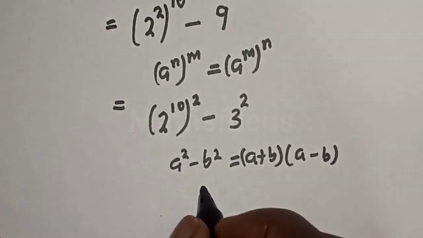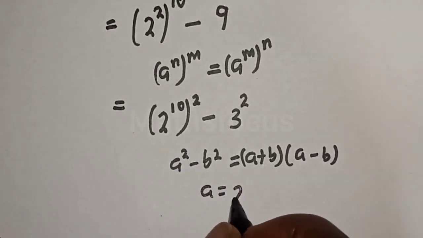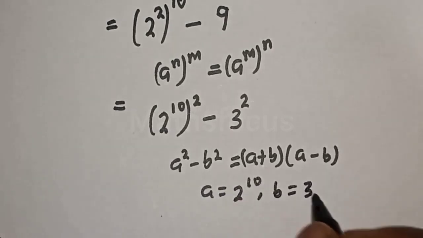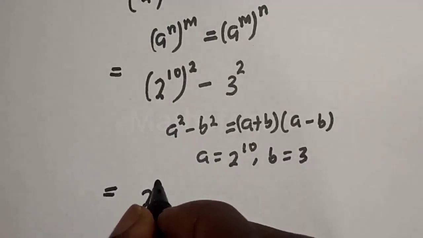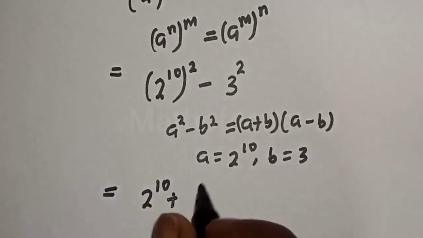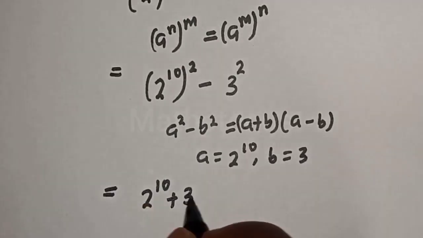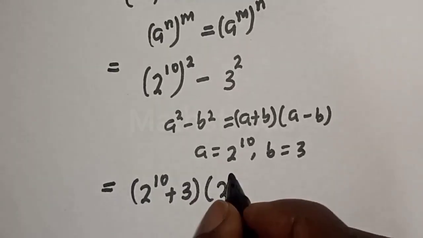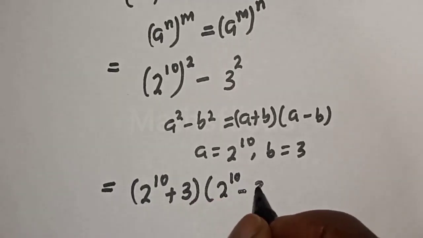Then where a is equal to 2 raised to power 10 and b is equal to 3, we have (2 raised to power 10 plus 3)(2 raised to power 10 minus 3).